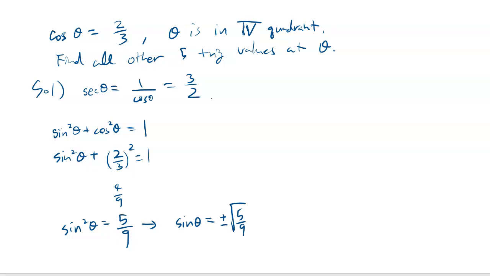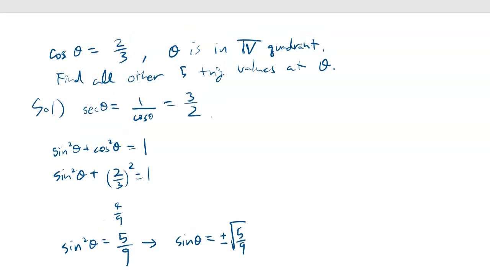And to do so, just remember that some time ago we did the following: all students take calculus, and in quadrant 4 we know that cosine is positive but sine is negative and tangent is also negative. So that's going to tell us that we have to take the minus this time.